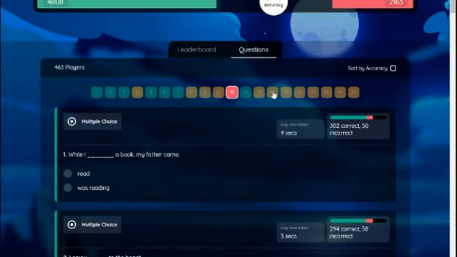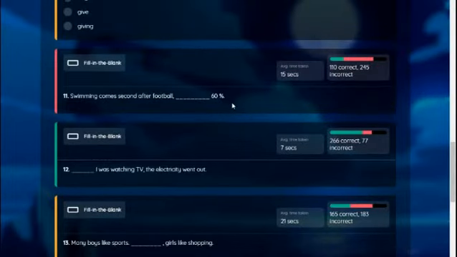Just regarding question 11, most of you had some problems with it. So, number 11, swimming comes second after football. Yeah, I think there is a problem with the question. There is something missing here. It's my problem. I think there are a few words missing here.